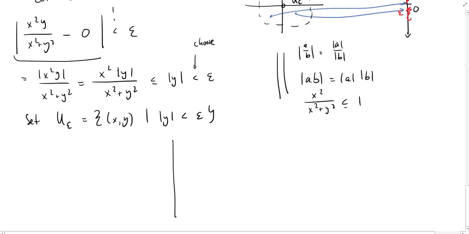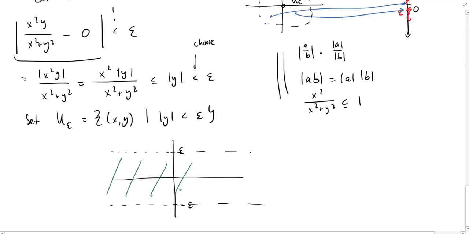Pictorially, what that means is I say, okay, here's my epsilon and my minus epsilon, and I just want my y value to lie in between. Okay, so that's my U epsilon. And every point in this strip is going to map into this epsilon band around 0.